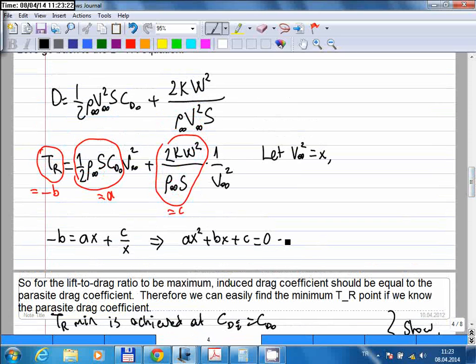I know that this is a quadratic equation. It's a second order polynomial in X, which has two roots, and I can tell you what those roots are from the following relation. The roots of this equation are x1,2 equals minus b plus or minus the square root of b squared minus 4ac, divided by 2a.